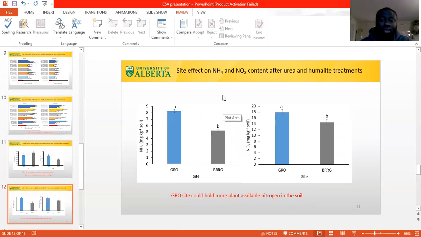With respect to ammonium and nitrate, at both sites, we saw that GRO had higher or could retain more ammonium as compared to the BRG site. So therefore, it is very good at the GRO site since we had more ammonium in the soil.